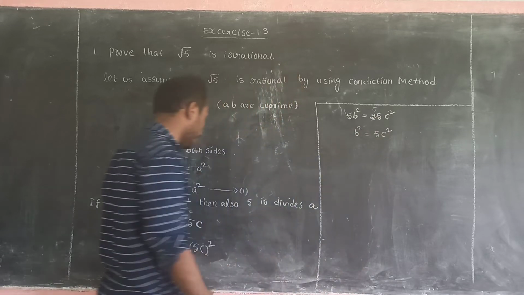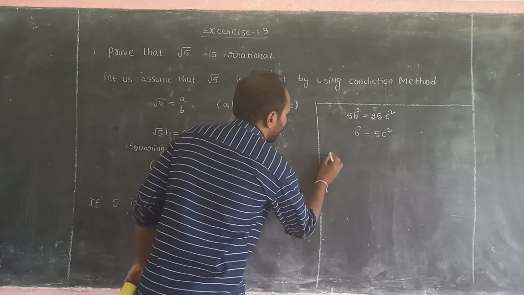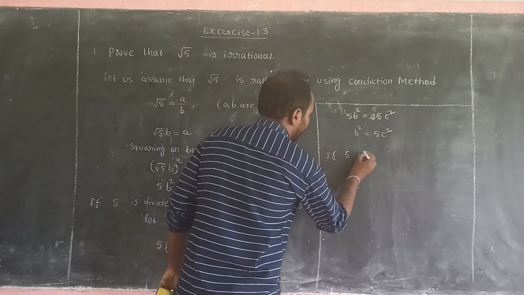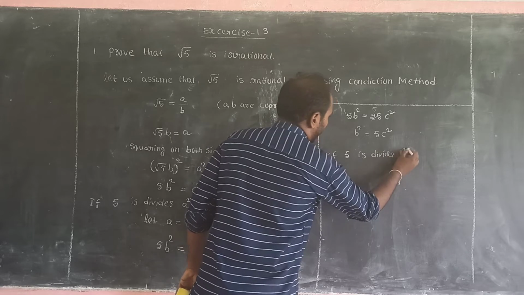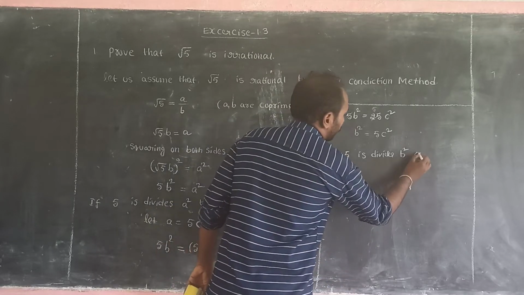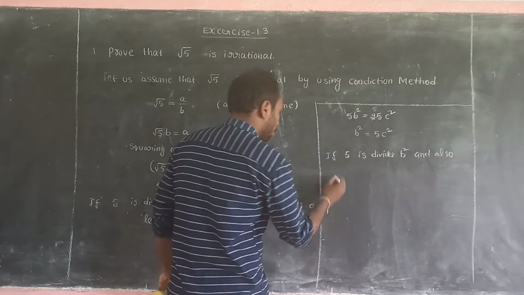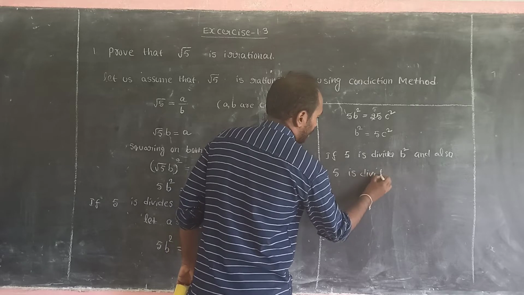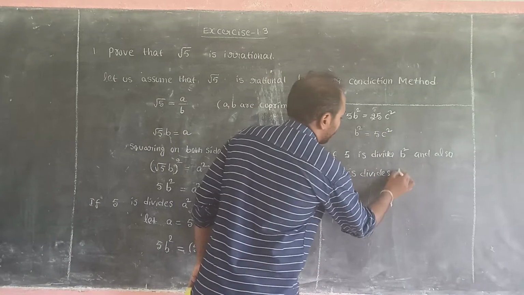So what is the condition? If 5 is a prime number and 5 divides b square, then also 5 divides b.